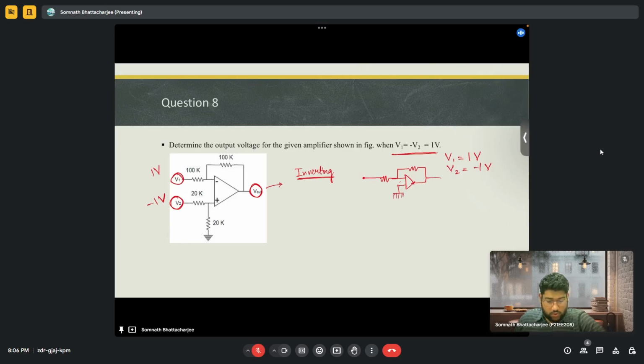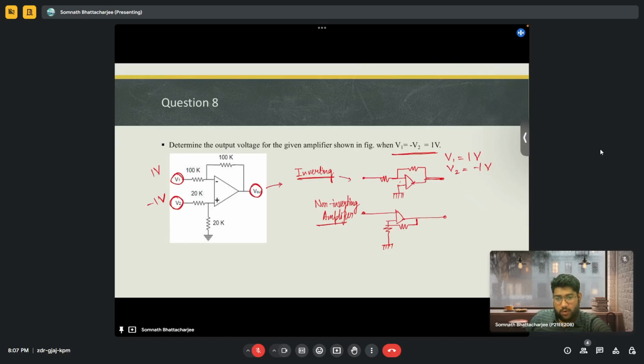Okay, so this was the basic structure of an inverting amplifier, while a non-inverting amplifier was like this. So this was a non-inverting amplifier.